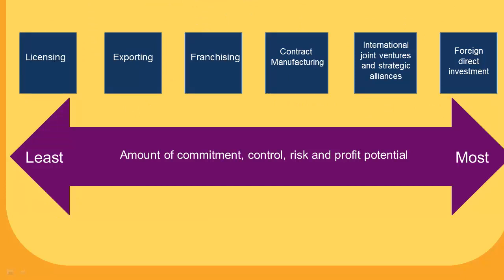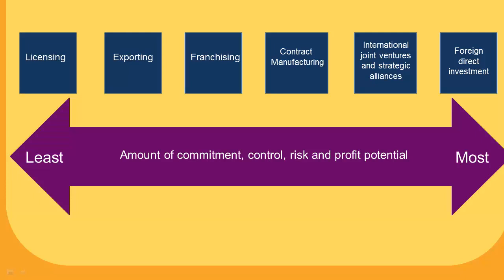So if we are to put all of this attention on getting our products to foreign markets, then how are we going to do this? Well, we have a variety of ways to get our product overseas. It all basically comes down to how much money do you want to spend in developing a foreign market and how much control do you want. When we look at this chart, the cheapest way to get our products overseas is to license them to producers in other countries.